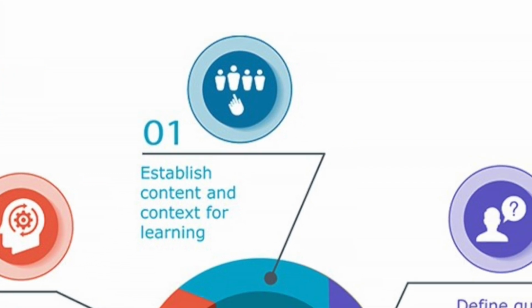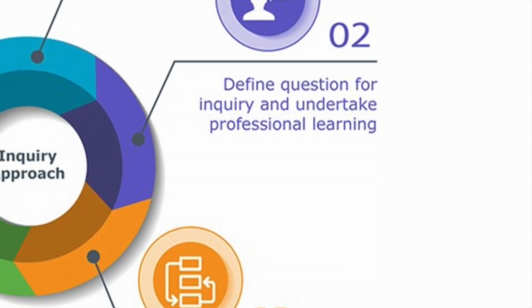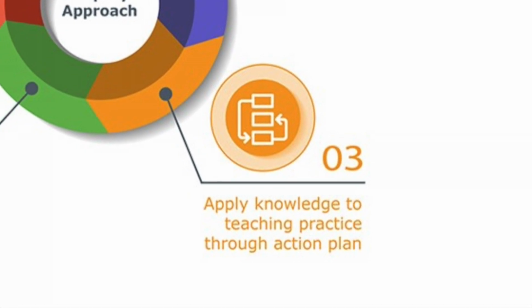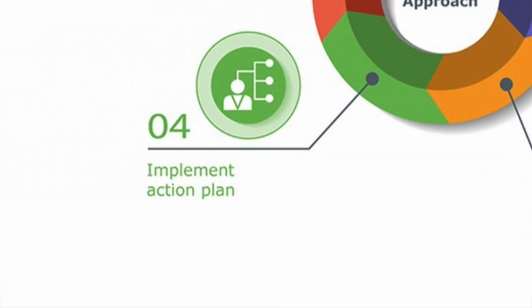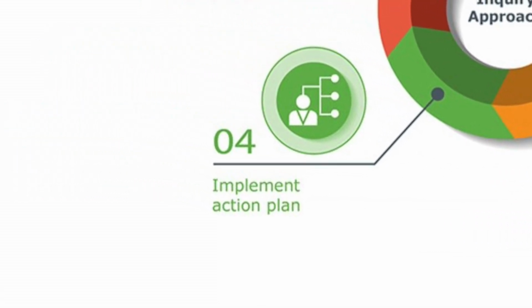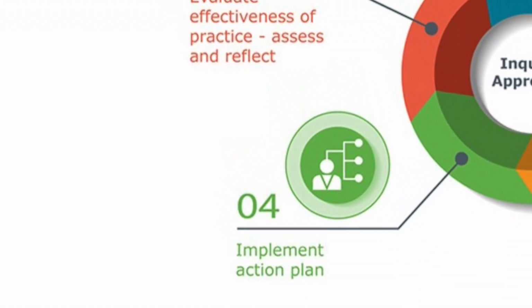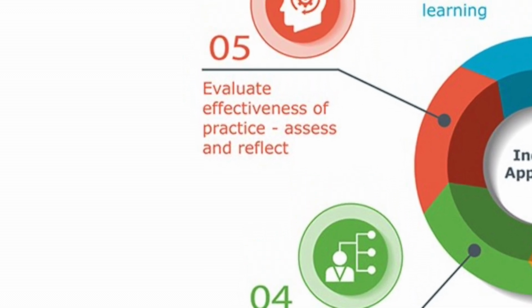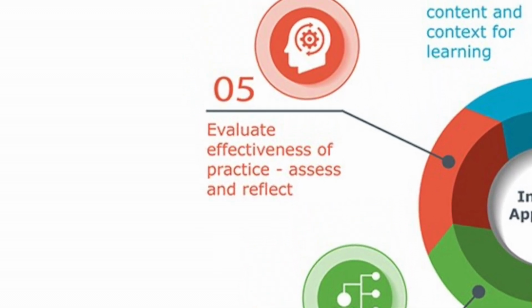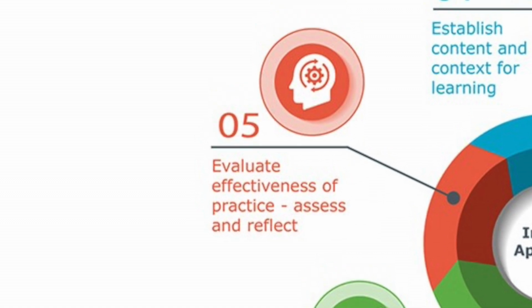This context has helped support me in defining my inquiry question, including any professional learning that I might need to undertake to support me through that professional engagement, which I then use to develop an action plan, which includes activities, strategies for engagement and assessment practices and tasks that I will use, which I then will implement alongside the support of my mentor. And in the final stage, I evaluate the effectiveness of my practice by assessing the learning that has occurred for my learners.